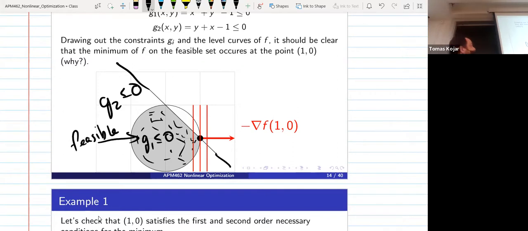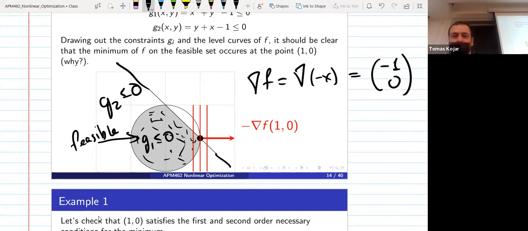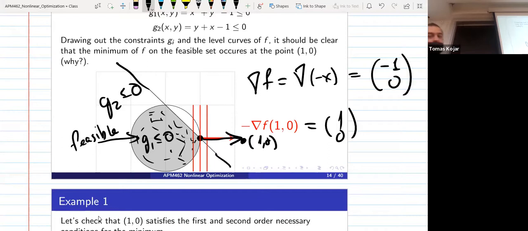All right. Gradient of f, namely of minus x, is equal to minus 1, 0. So minus of that would just be 1, 0, which points in this direction, because the vector 1, 0 is over here. And what do I want here? Greatest decrease.